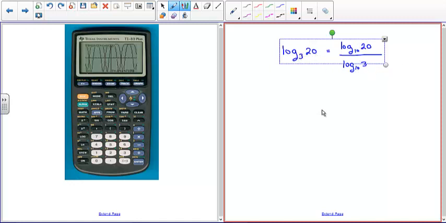So pull out your calculator, and what you would do is say log of 20, and that would be 1.30102 with some other stuff.